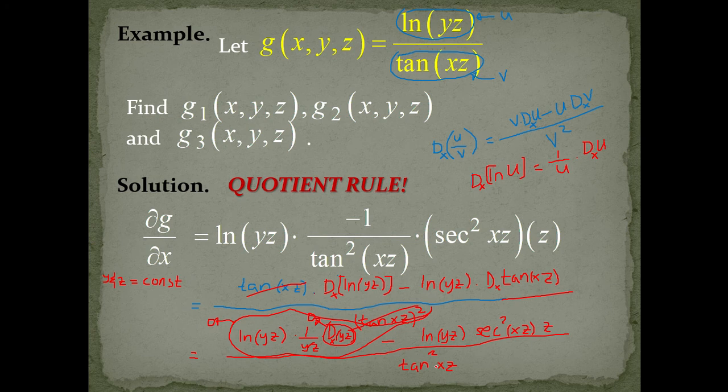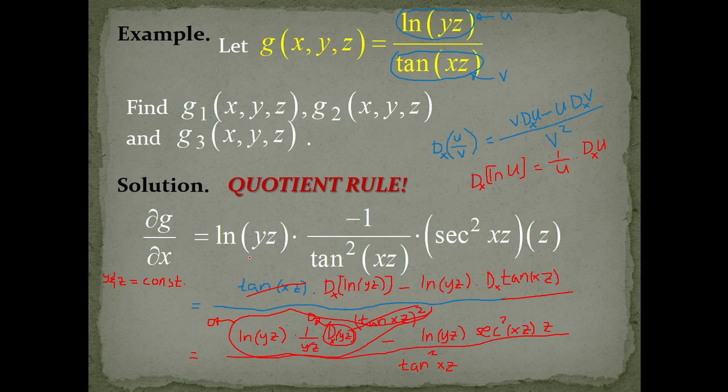Alright, so that is the partial derivative of the given function with respect to x, holding y and z constant. Okay, so the answer, class, is this one. They just multiplied it by -1. It's the same as multiplying this by -1, so there's no need to write -1 here.